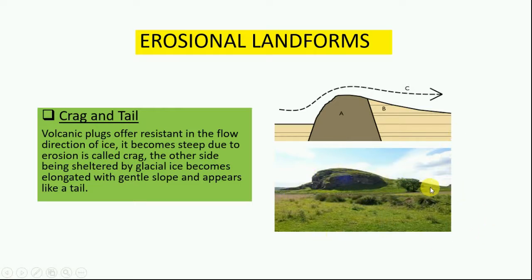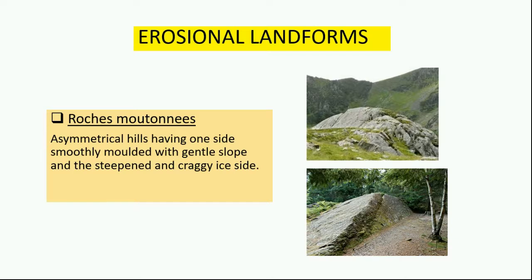Now let's talk about roche moutonnée. These are basically asymmetrical hillocks, mounds or hills which have one side with a very smoothly molded gentle slope and another side with a very steep or leeward slope.